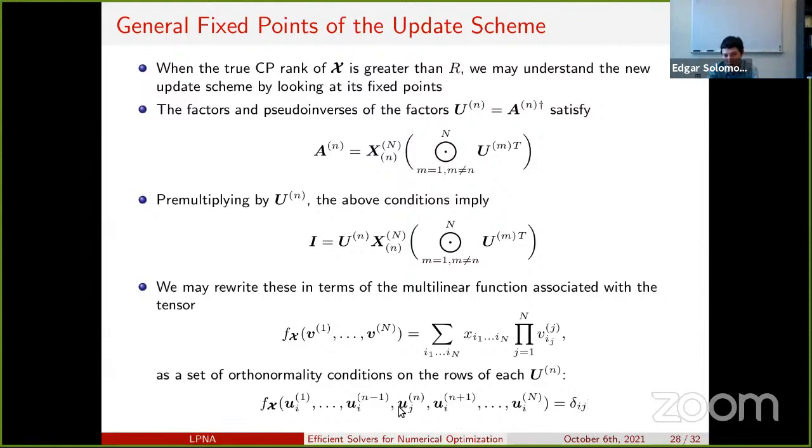So the ith row of the pseudo inverse of the approximate factor should, in a sense, give 1 when multiplied by a vector that's equal to the product of x and all of these u factors. But if we consider a different row of that pseudo inverse, it should give 0. And generally, it's hard for this to be the case unless u is close to orthogonal or, in a sense, is well conditioned.